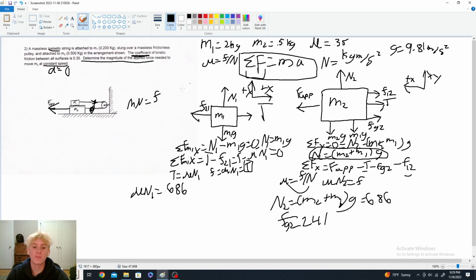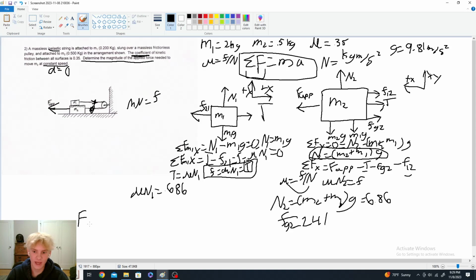Now, if we go back to this equation here, we know that the magnitude of this tension and this frictional force are the same. Because this acceleration is 0, remember here, we found that the magnitude of the frictional force is equal to the magnitude of the tension because the acceleration is 0. So we can plug these two numbers into this equation.